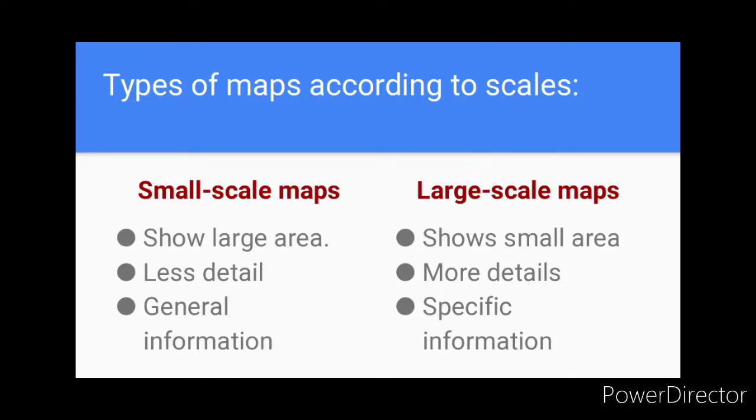On the other hand, large scale maps show you a small area. For example, a map of a particular state, such as Maharashtra. It is a small area and it will be more detailed. It will give you each of the districts and cities of Maharashtra, and it gives you specific information because it is about Maharashtra itself.